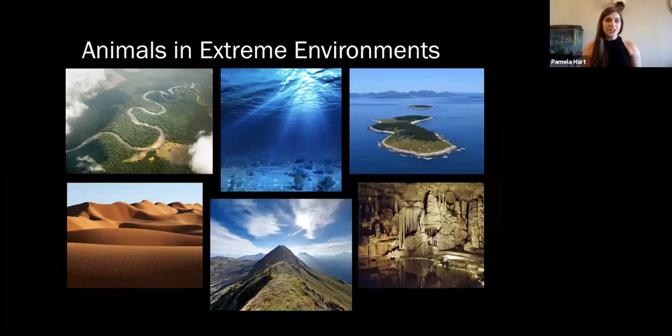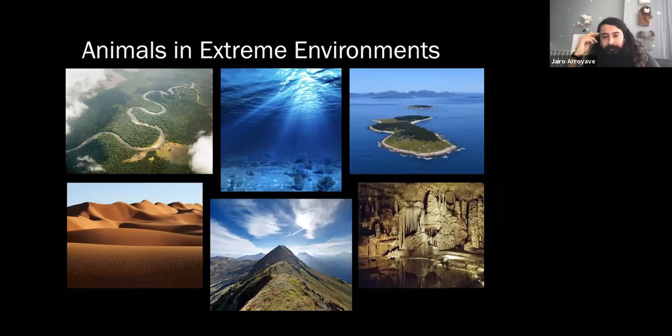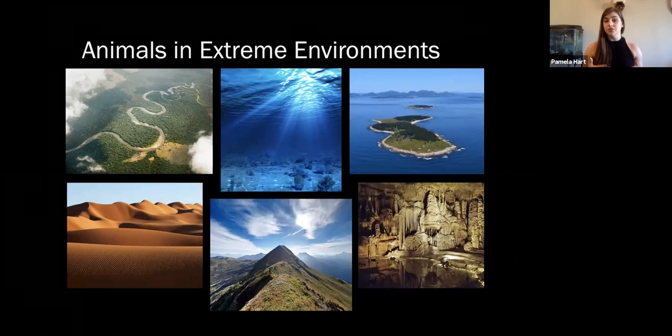So I think I'm in good company saying that weird animals in extreme environments are pretty cool. We're drawn to study these organisms in places like deep, turbid, fast-flowing river channels, the deep sea, islands, deserts, caves. These are all geographically isolating locations that impose harsh physiological demands on resident organisms.